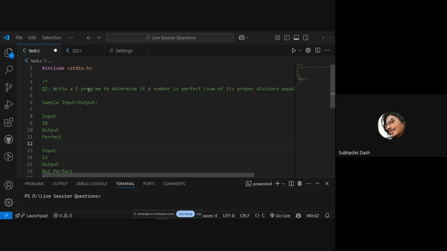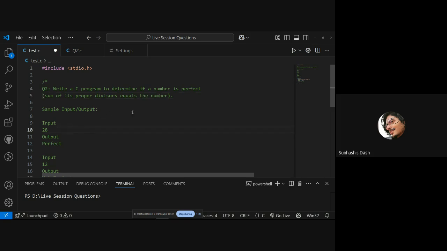Okay. So the question is, write a C program to determine if a number is perfect. And what do we mean by perfect? The sum of its proper divisors equals the number. Okay, and we have an example over here.